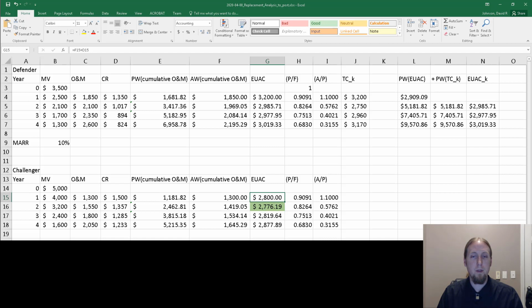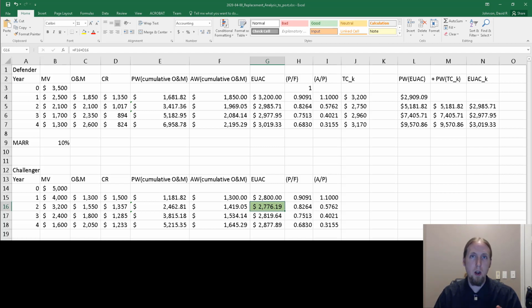As you can see, the EUAC is calculated for each year that's a potential useful lifetime, and it's minimized after 2 years. So therefore, the economic lifetime of the challenger is only 2 years.